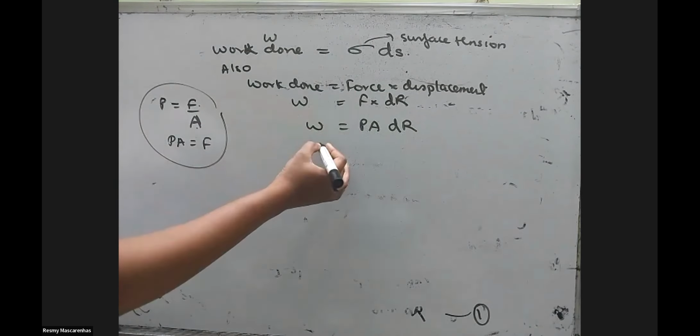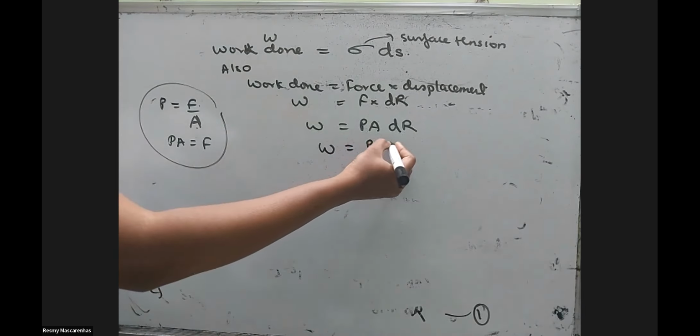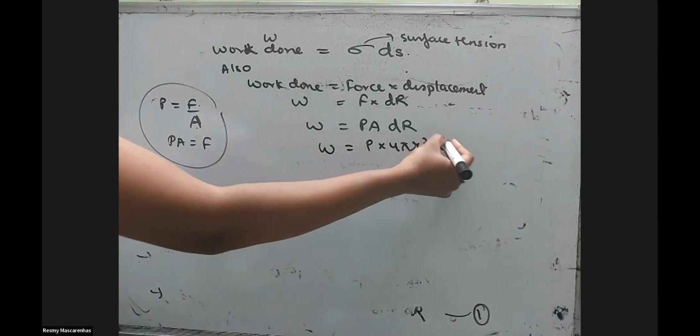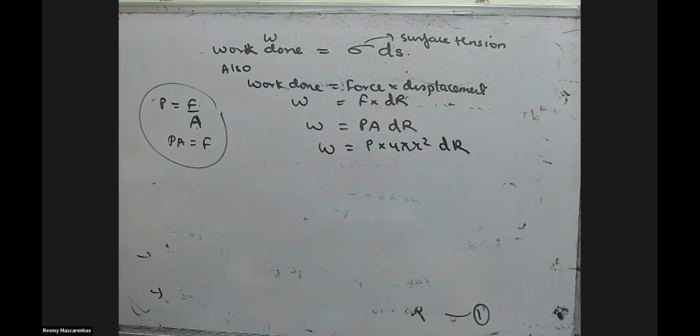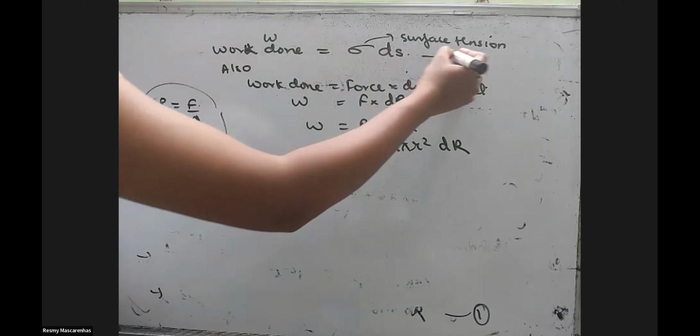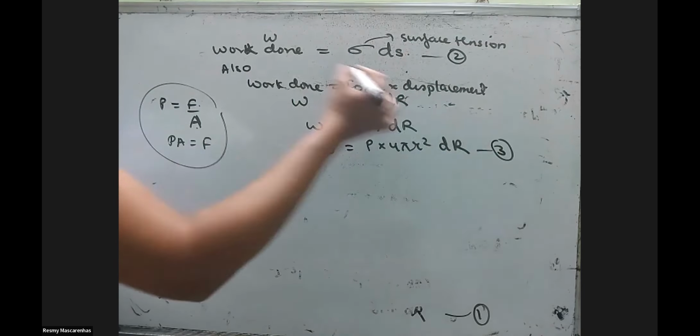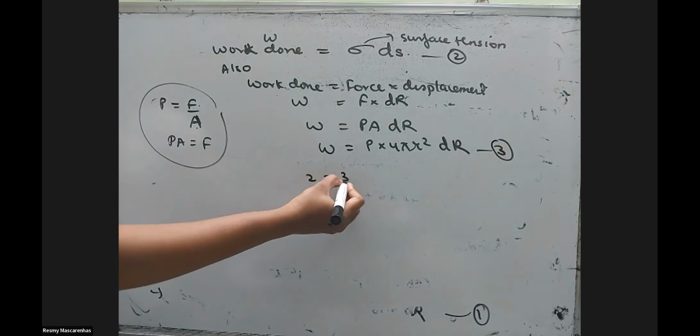Area of this drop is what? 4 pi r square dr. This you can call equation 2, this is equation 3. If you see, both are work done, 2 is equal to 3.